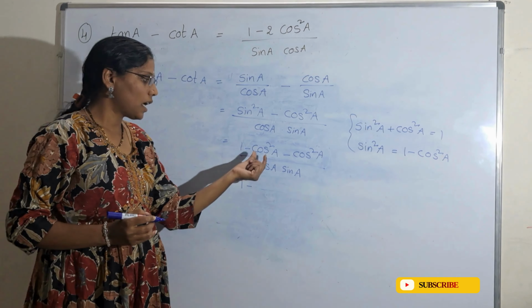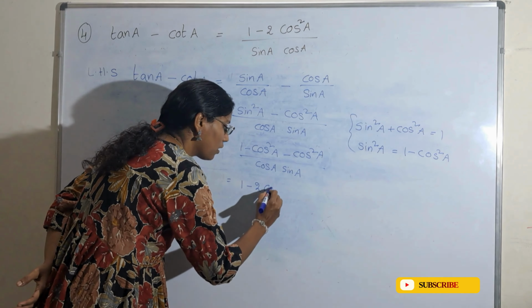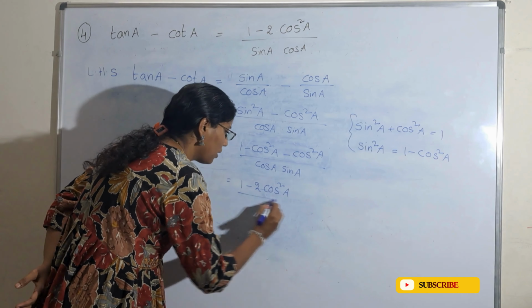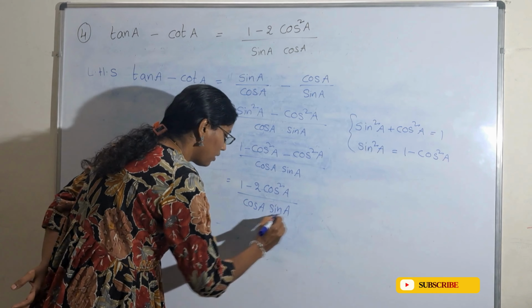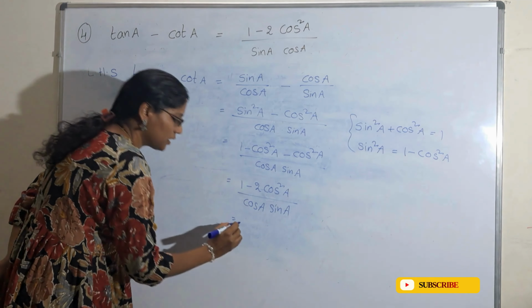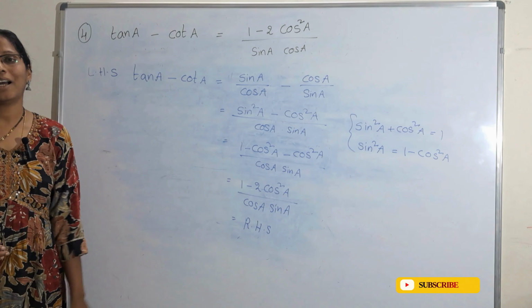So 1 minus 2 cos square A by cos A into sin A. RHS we proved. LHS is equal to RHS.